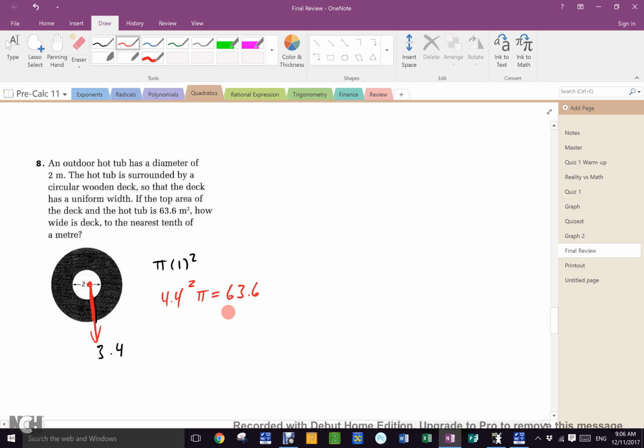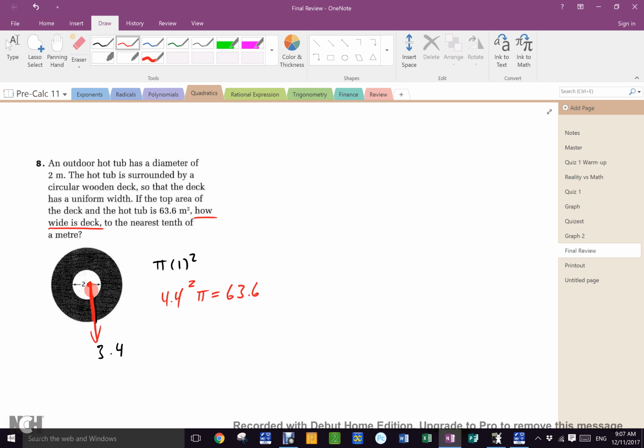Right? Okay, so you're right, except the question is, how wide is the deck? So what do you have to do? Are you putting a deck over your tub? Right. So the whole thing is 3.5 because it's 3.49 or something. If you use 3.14, you're going to get 3.4. But if you use your pi button, it's like 3.49.